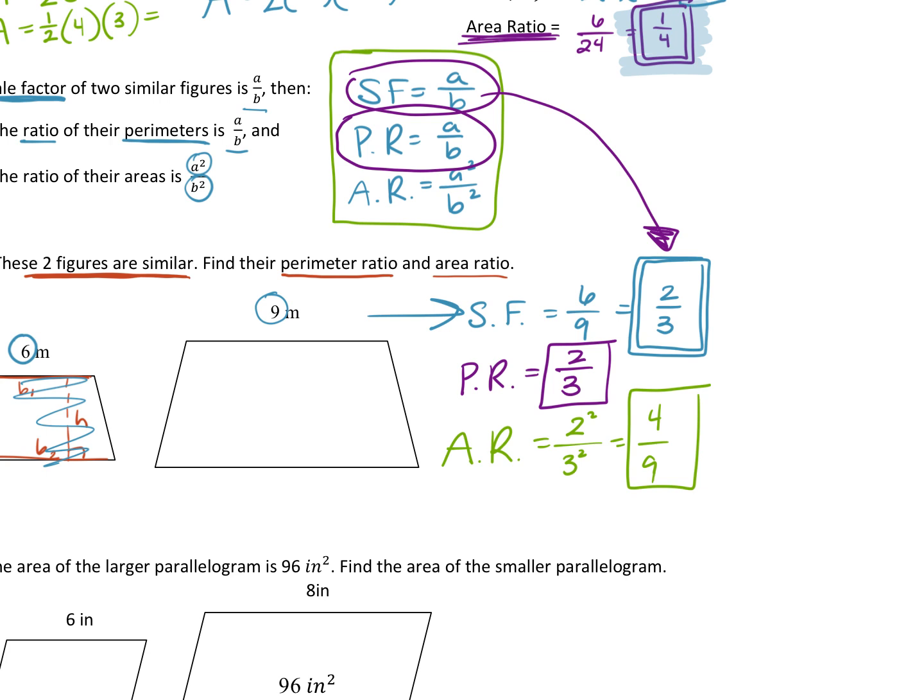So they're just saying, how do these figures compare in terms of their area or their perimeter or just the length of a side, right? We've not found an area. We're not going to find an area on a problem like this. They just want the ratio. So if it says, give me the perimeter ratio, give me the area ratio, leave your answers as a ratio.